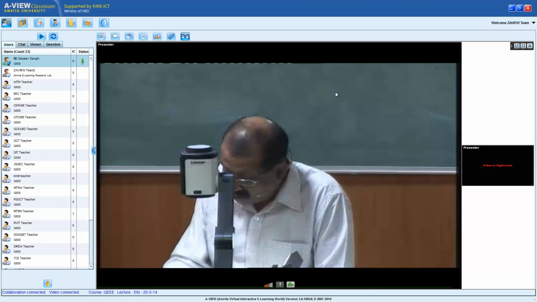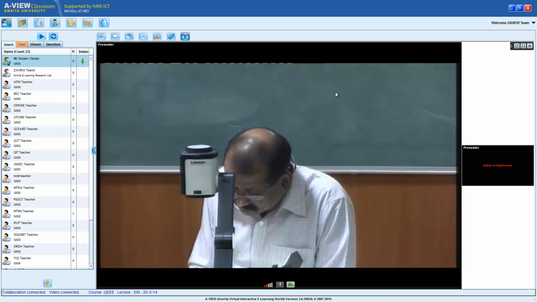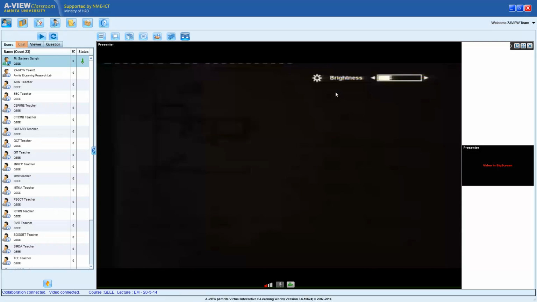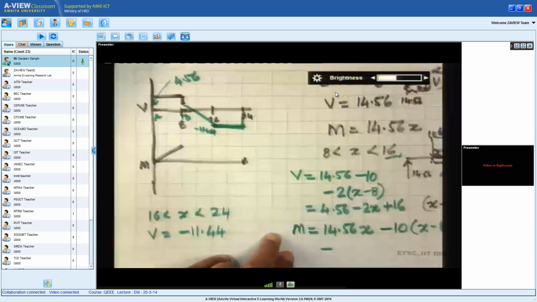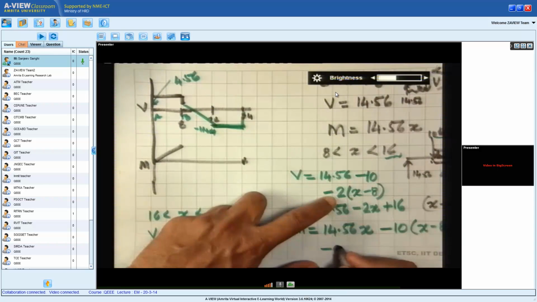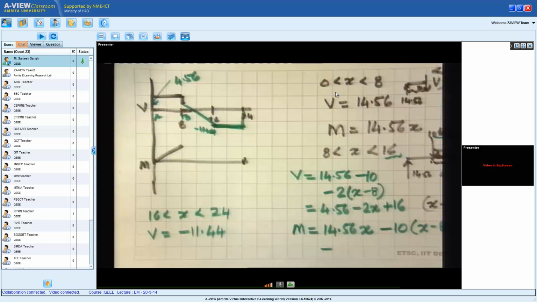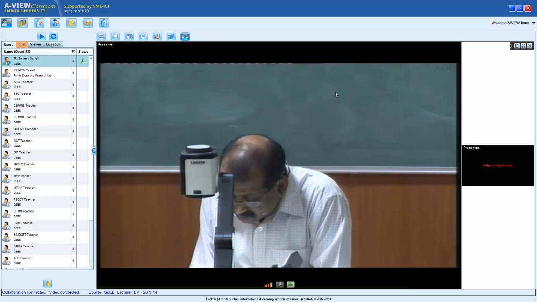Now I also have to include this section. In this section the force is, this is a negative, so therefore the force is minus 2 times x minus 8.